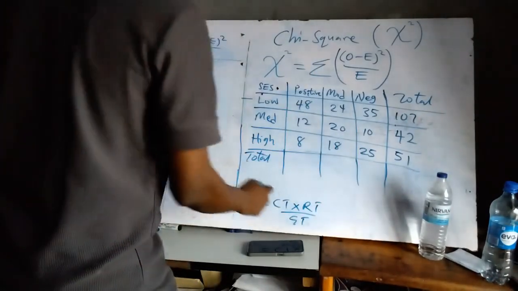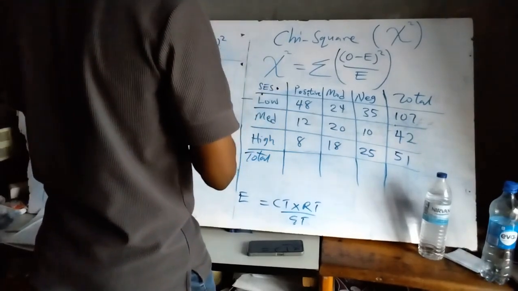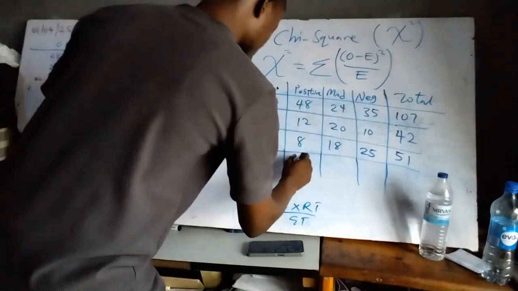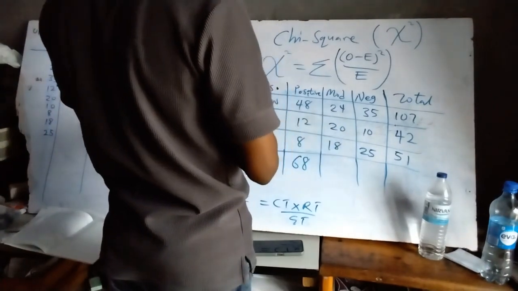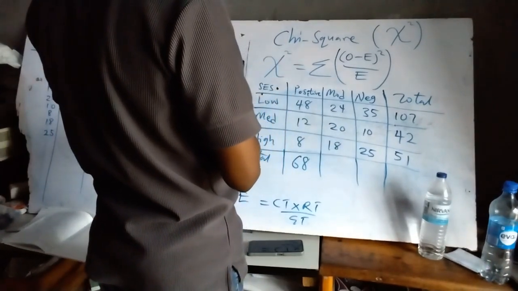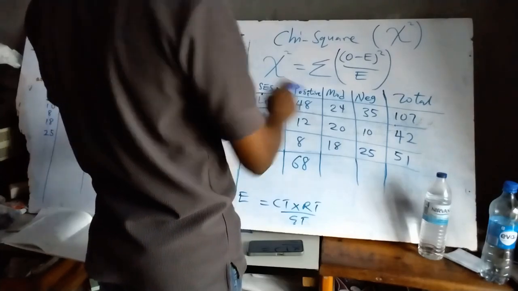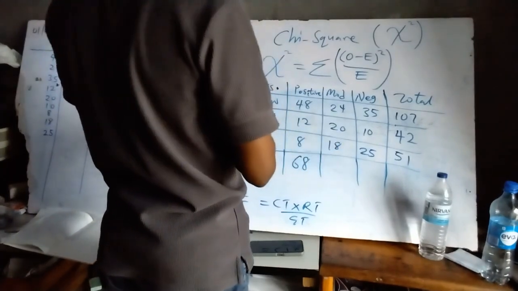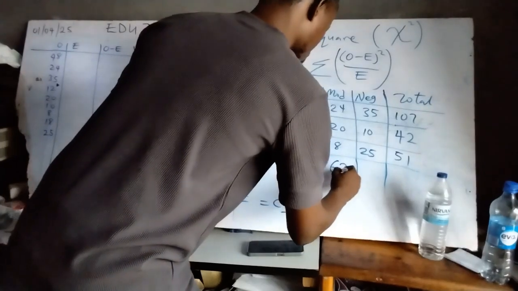Then let's do the column total. 48 plus 12 plus 8, that should be 68. Then 20 plus 24 plus 20 plus 18, that is 62.